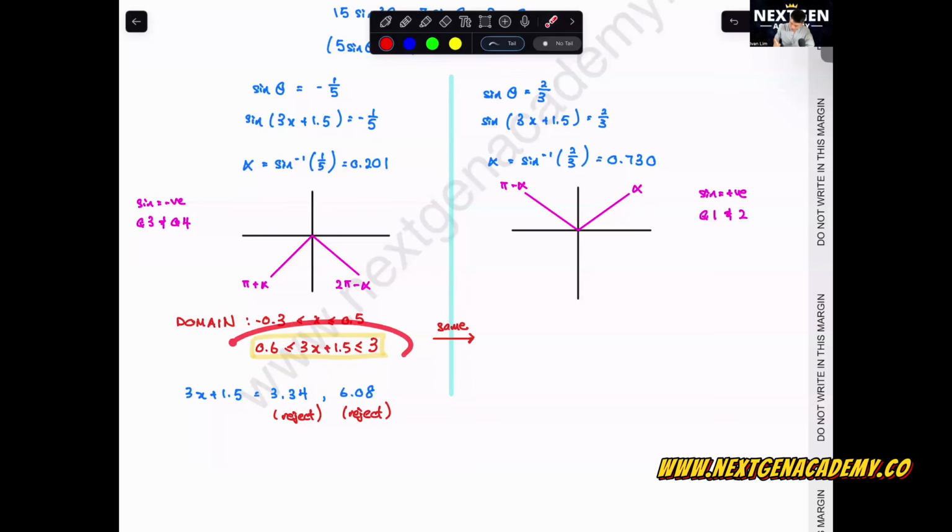The domain will be the same, we'll be referring to this one. Now 3x plus 1.5, alpha is 0.730, and then pi minus alpha. Sorry, let me be careful over here because this one is still in the middle of the equation, so we don't round it up too much. I will write a bit more decimal places first.